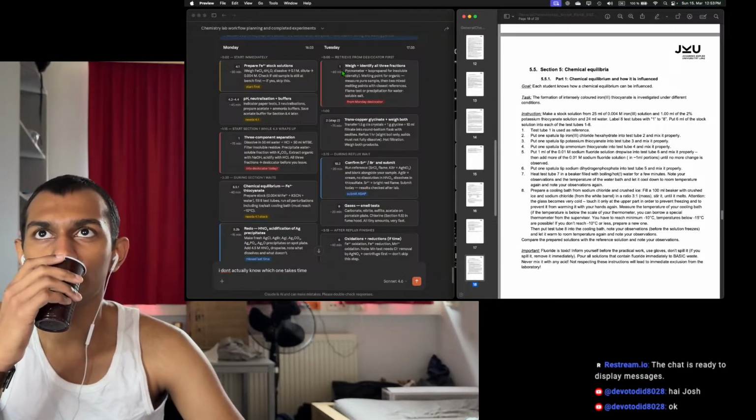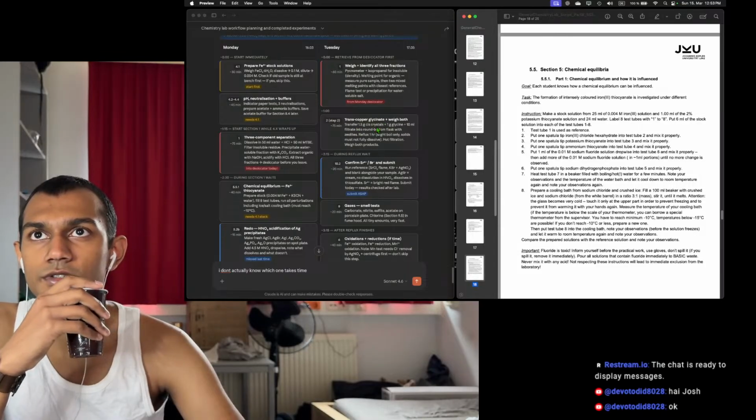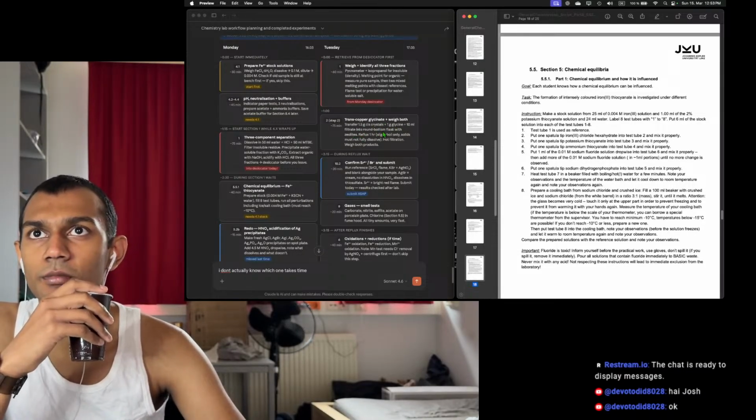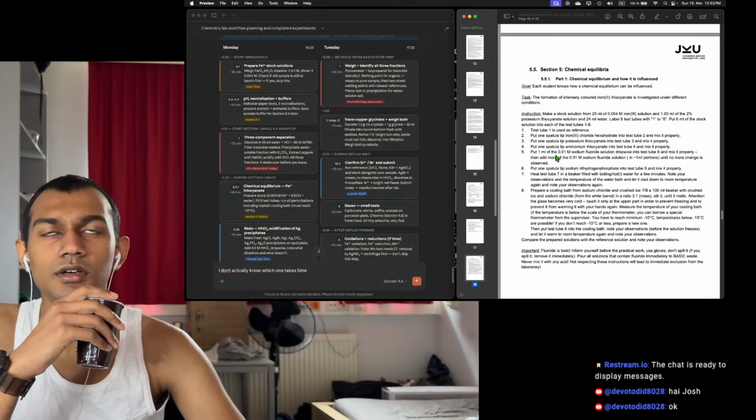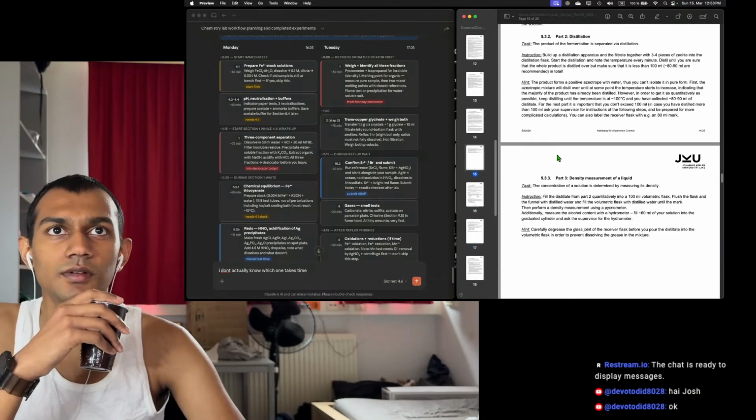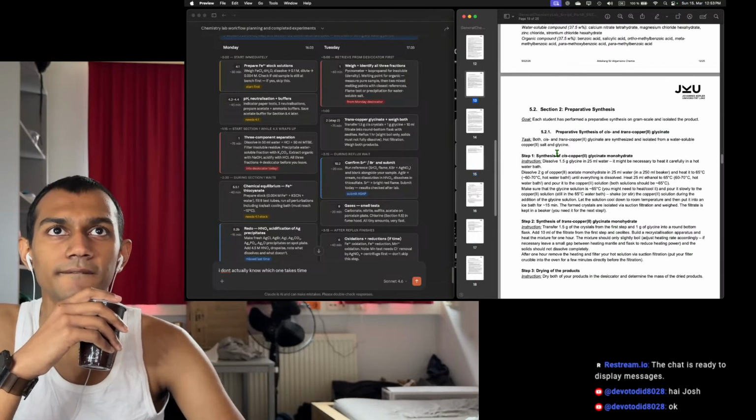Identify and weigh all the three fractions. Cyanometer, isopropanol for insoluble density. Okay. Trans copper glycinate, weigh both. Transfer cis filtrate into the round bottom flask with zeolites. Reflux 1 hour. Hot filtration, weigh both products. Wait, it should be at least in there for 2 days, right?